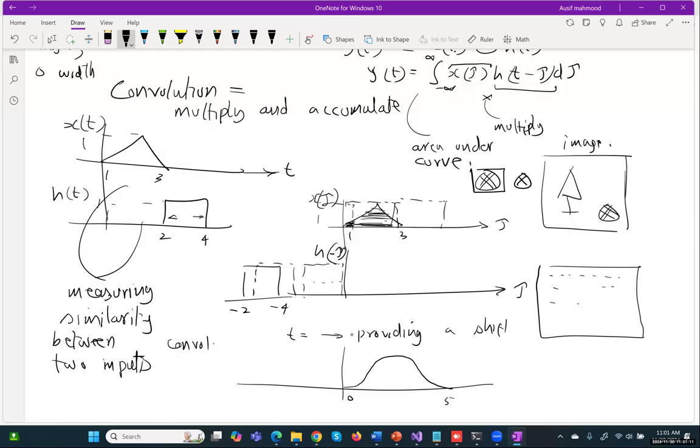So we are basically going to shift this soccer ball, multiply with the other image, add all the pixels, then keep sliding it, because that's what convolution does. It slides, multiplies, and accumulates, right?